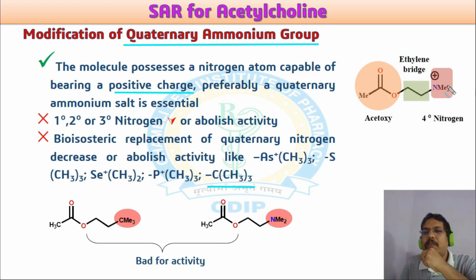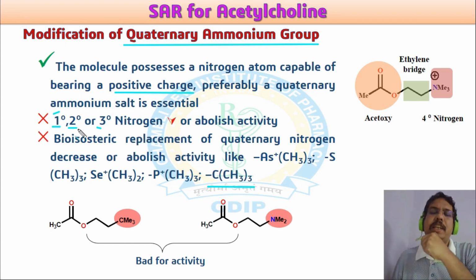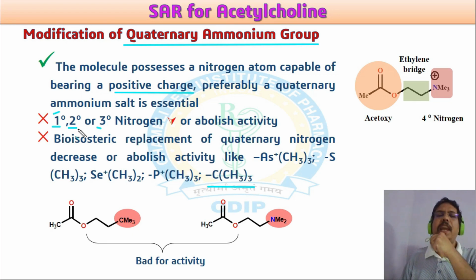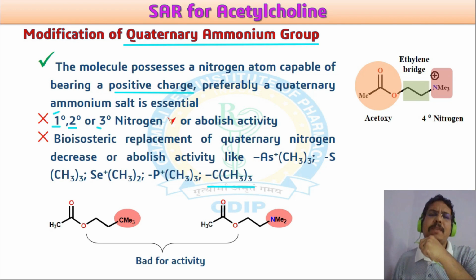Now, if we look at replacement of these three methyl groups by means of hydrogen, if all three methyls are replaced by hydrogen, it is 1 degree. If 2 are replaced by hydrogen, then it is 2 degree. And if 1 is replaced, then definitely the resultant might have 3 degree nitrogens.